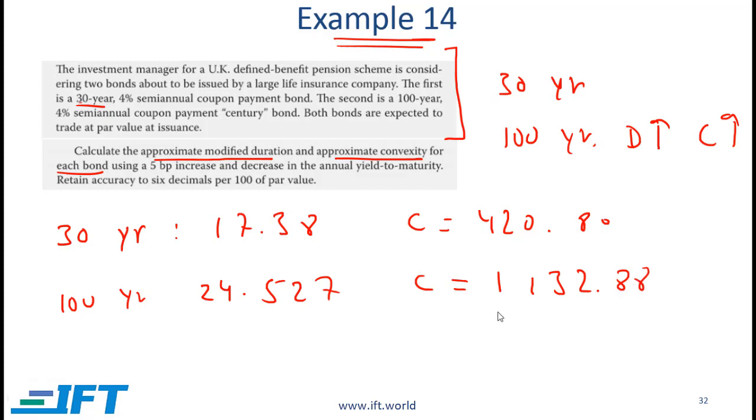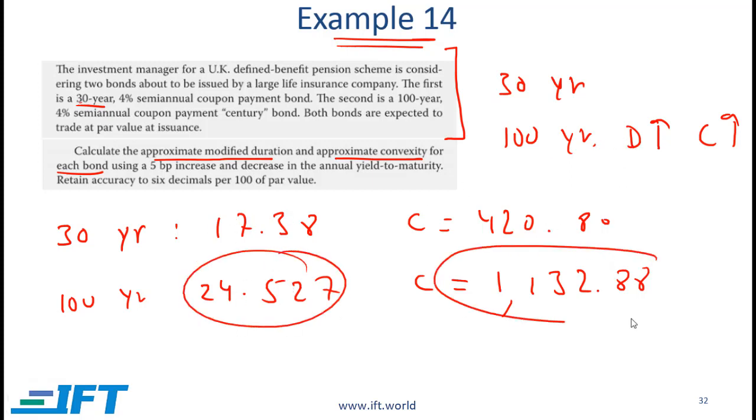So notice that with the 100-year bond, the duration is higher as we expected, but the convexity is much higher than the convexity of the 30-year bond. You can do the calculations and also check the calculation in the curriculum. As always, I want you to use the calculator to come up with bond prices.